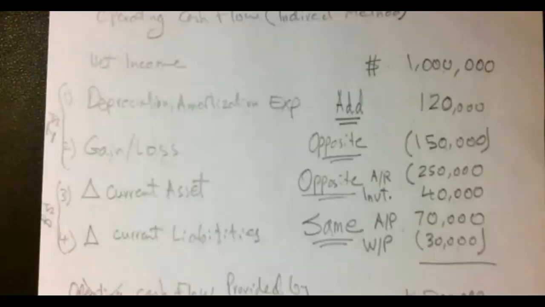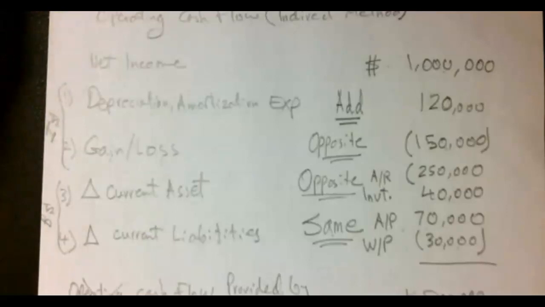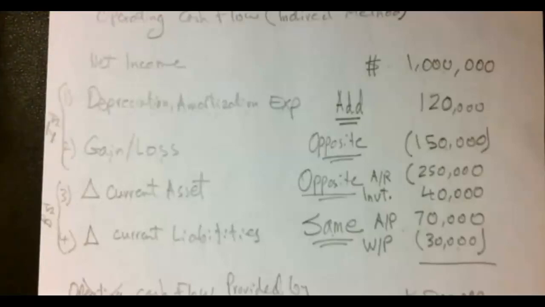That's what you do in your operation, right? That's the concern. So what we do, we go to the income statement, pick up the net income, and we put it at the top of the operating cash flow calculation with a dollar sign. Let's say $1 million.